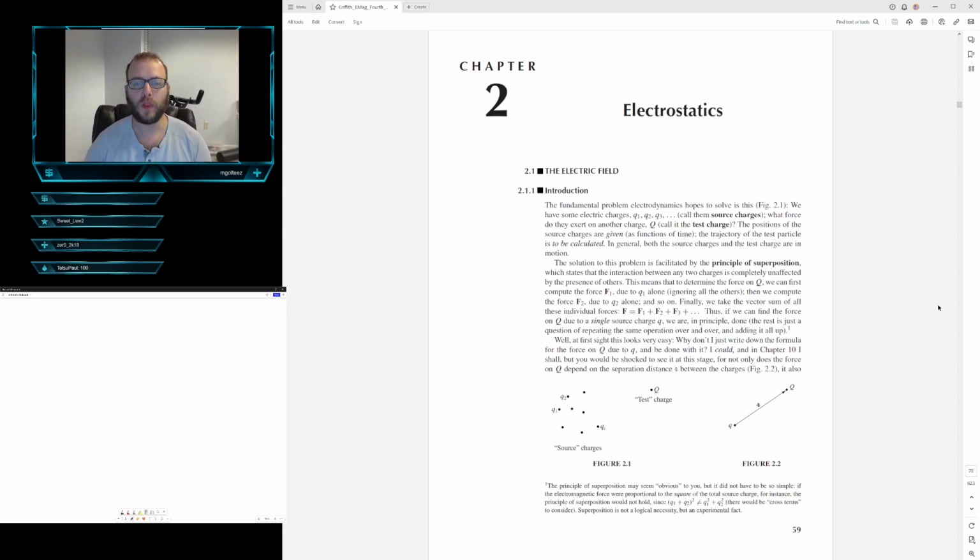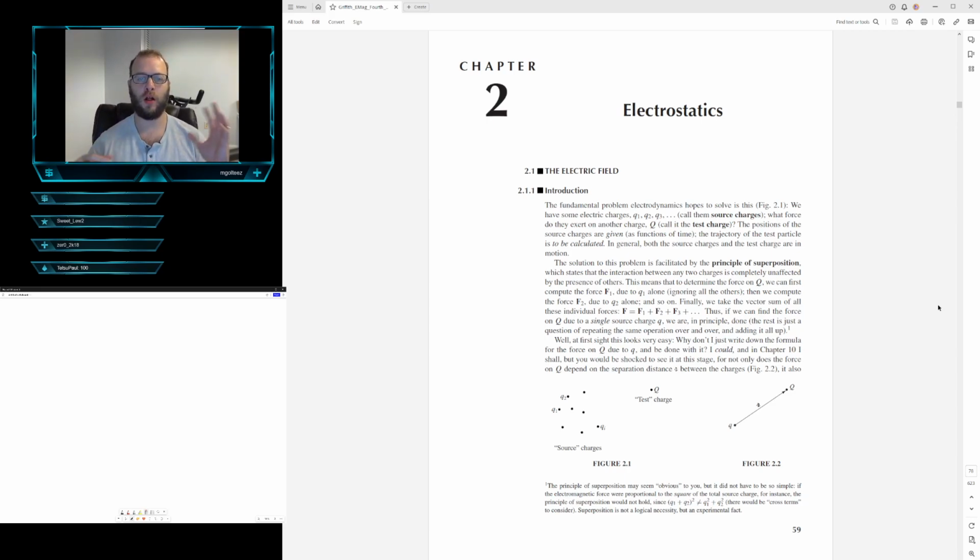So, let's say we have a discrete set of point-like charges oriented at many different points in space, and we want to know the force that they will exert on some arbitrary point in space with some very small test charge.